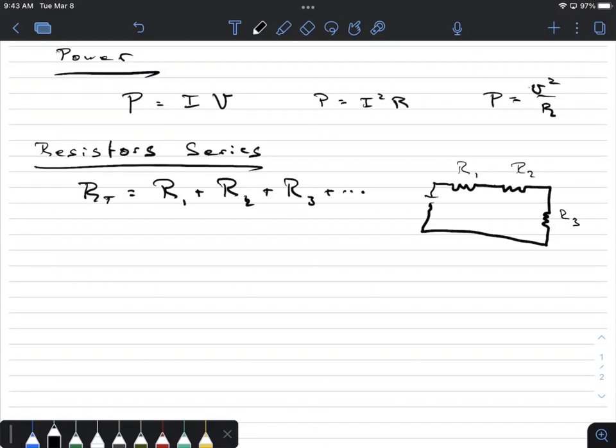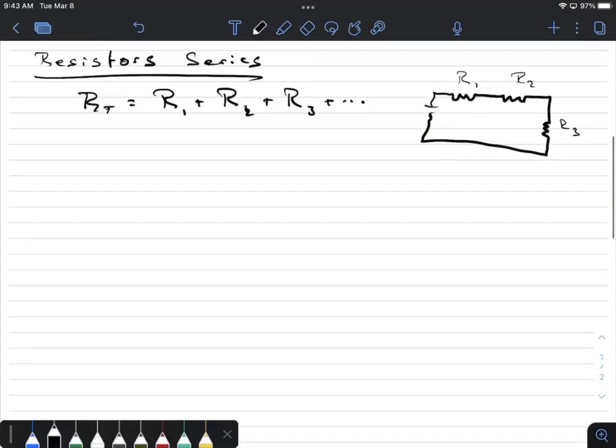Just because it's over there on the right side, it's still just a wire connecting these resistors. And so the electrons go from one to the next with no option of avoiding the resistor. They can't go to another branch or another path. So they're connected in series. If they're connected in series, you just add the resistances together to get a total resistance.